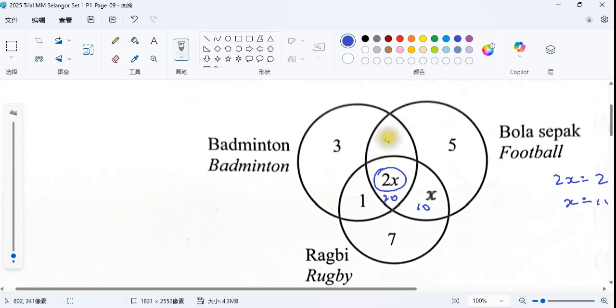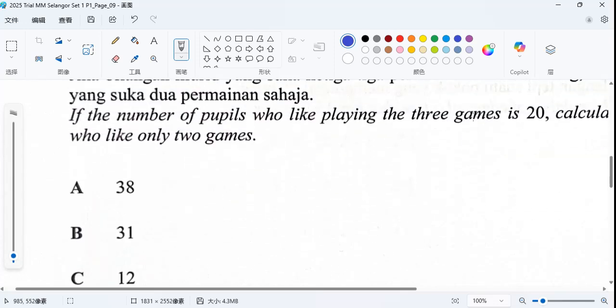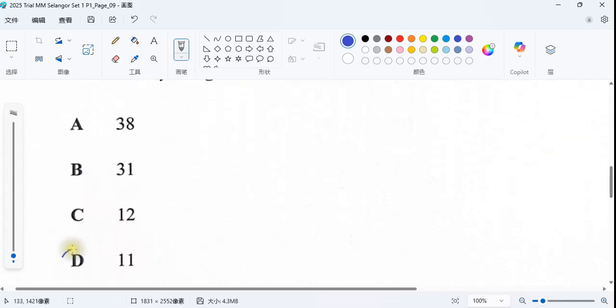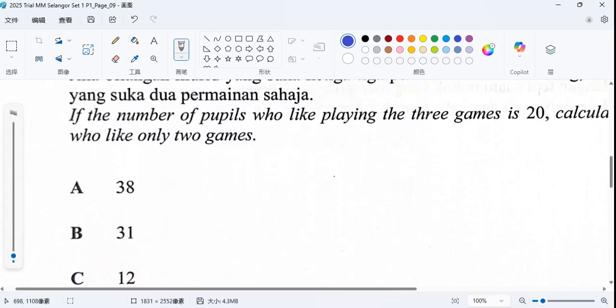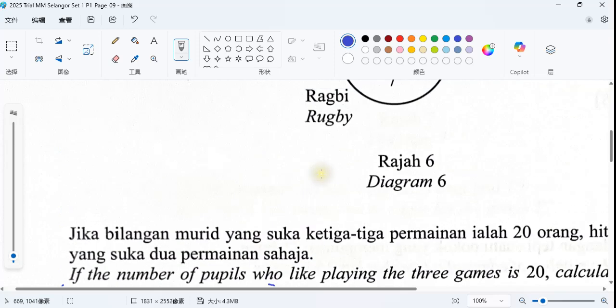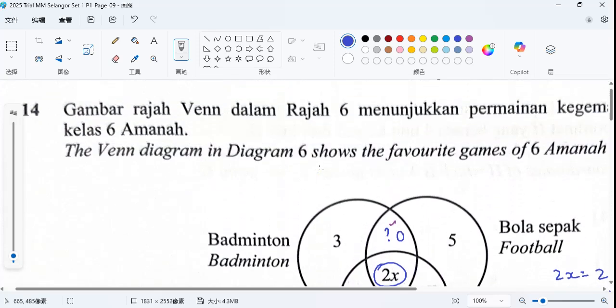So this one doesn't have any, we assume it is 0. So only 2 games will be these 2 parts. Then it will be 1 plus 10, so it will be 11. So the number of students who like only 2 games is 1 plus 10, 11. So this one is also Operation on Set, Form 4, Chapter 3.